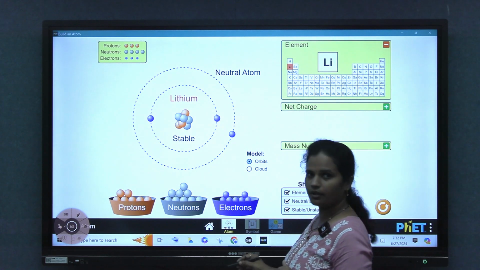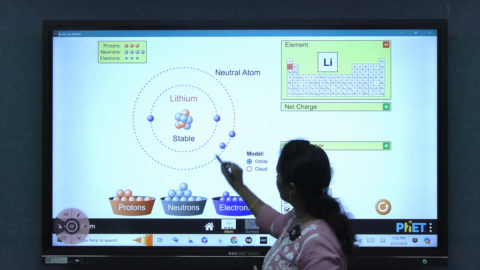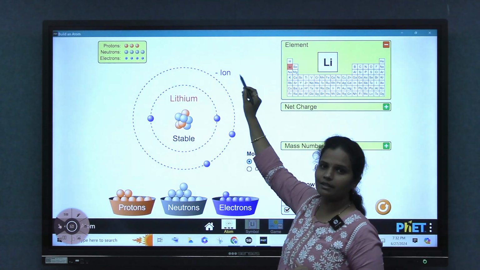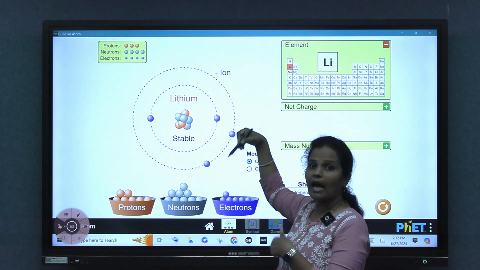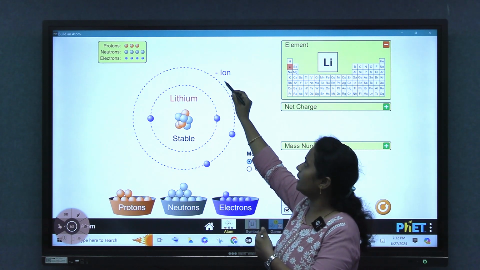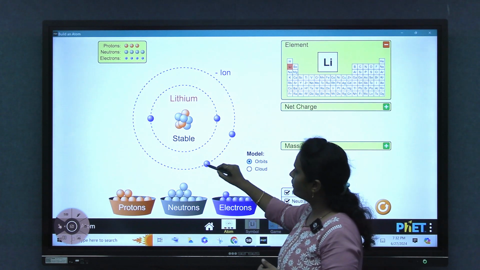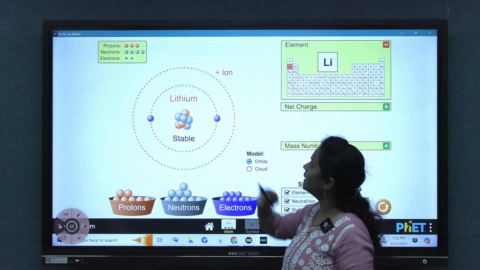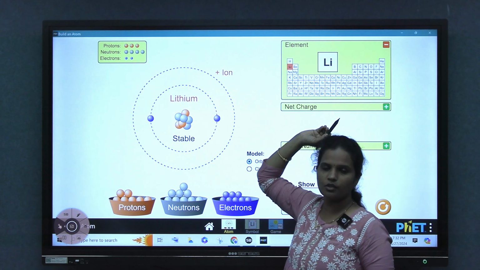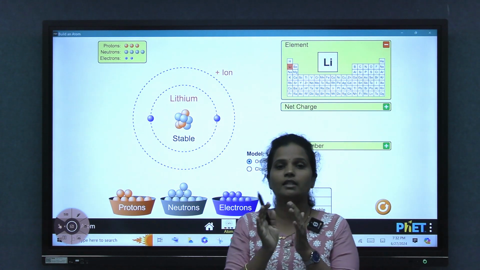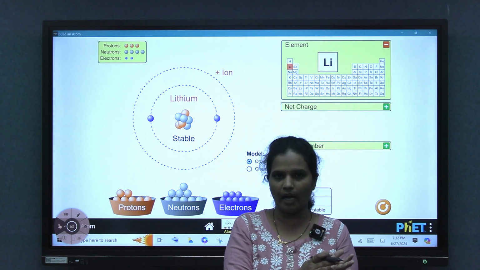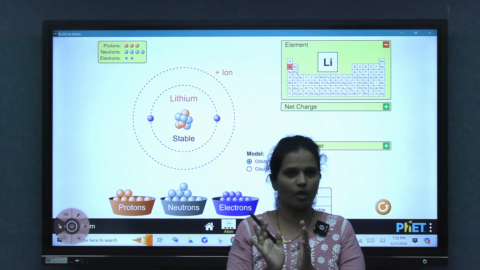Now I add one electron and then one more electron. Immediately the charge changes. By gaining one electron, it gets a negative charge. If I remove the electron, then it gets a positive charge. So when an element loses one electron from an atom, it gets a positive charge.